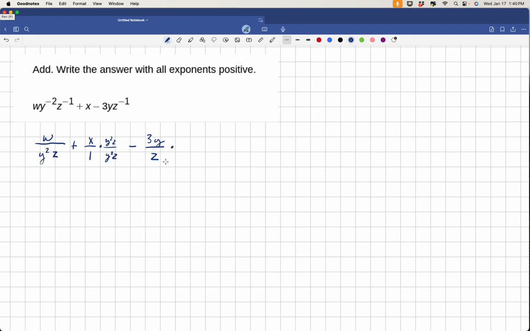And we're going to multiply this one times y squared over y squared. So that gives us w plus x y squared z minus 3y cubed over y squared z. And that would be your answer.